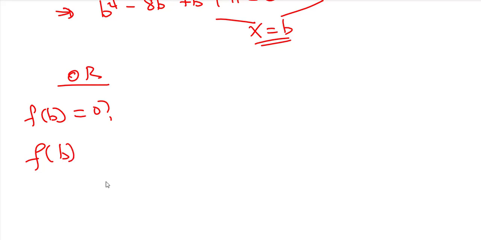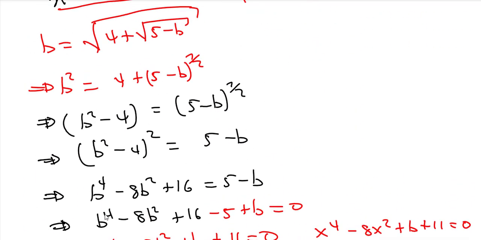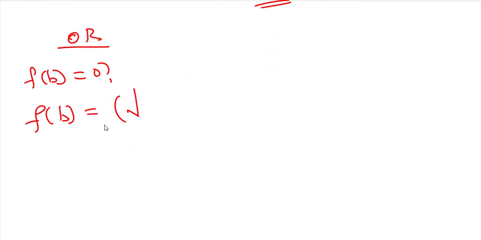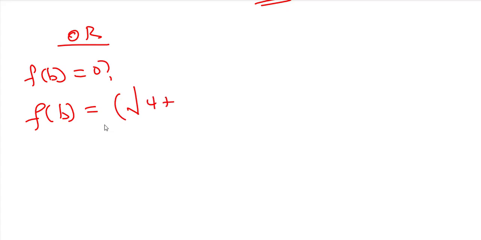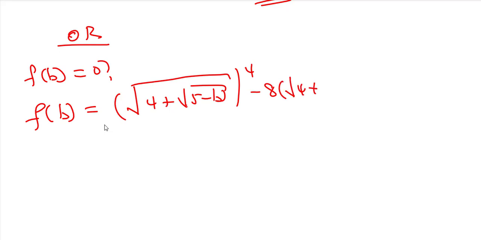So let's get f of b. f of b will be equal to, open up your brackets, b was the square root of 4 plus the square root of 5 minus b, all of this raised to the power 4, minus 8 into the square root of 4 plus the square root of 5 minus b, all of this squared, plus b plus 11.